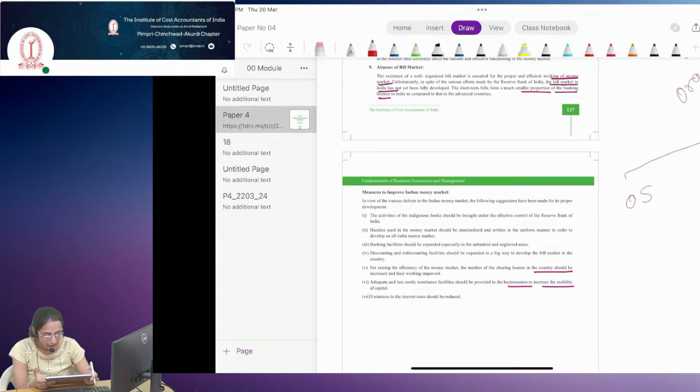Now, adequate and less costly remittance facilities should be provided to the businessman to increase the mobility of capital. See, adequate facilities should also be available to these businessmen, and variations in the interest rate should be reduced. The problem in the money market, as we saw, was that there is a diversity in the interest rates. Why? Because the capital market, which is the stock or securities market, has no diversity.